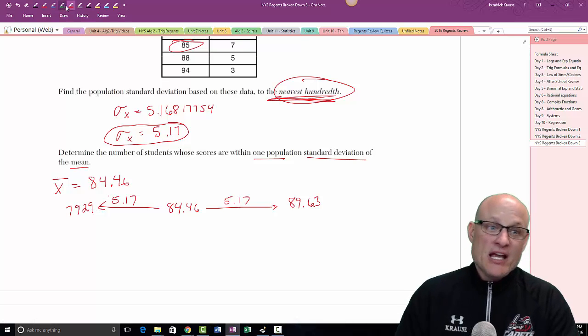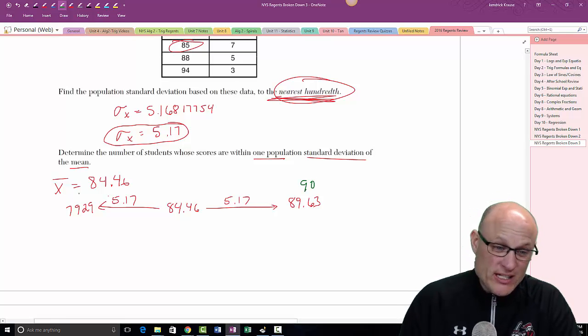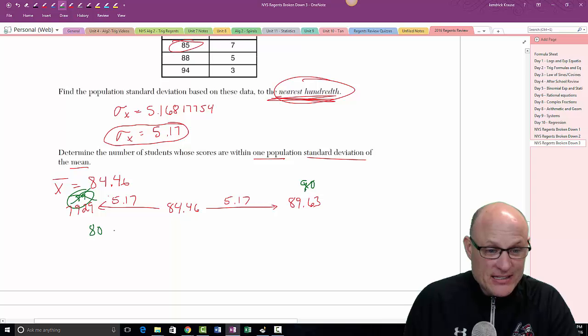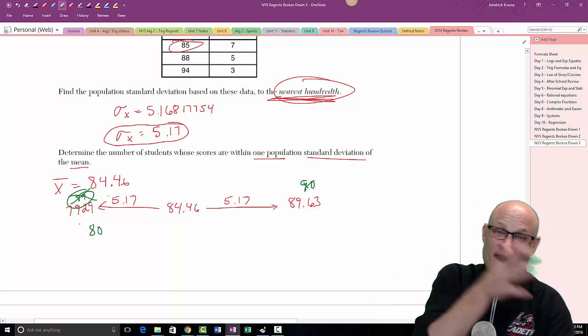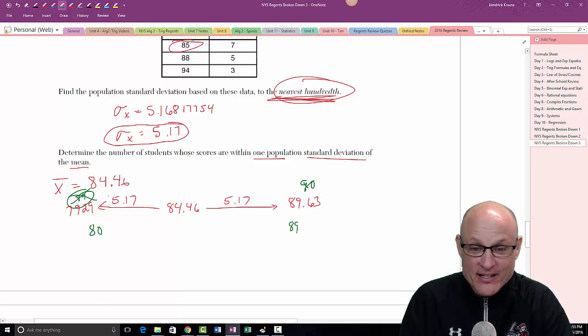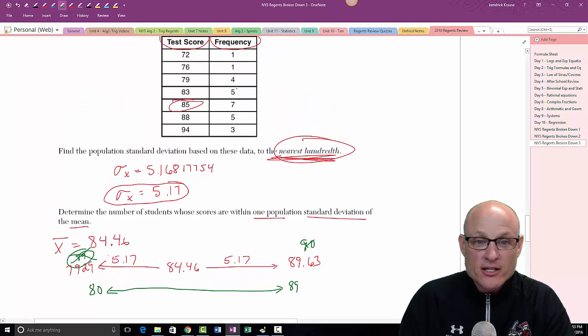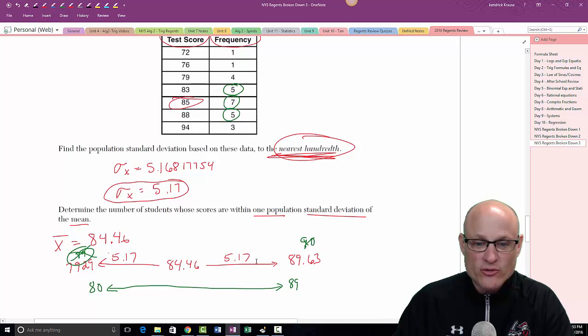Now, I know it's really tempting to round this to 90 and really tempting to round this to 79, but you cannot do that. The lowest I can go is 80 because I can't go past 79.29. That gets into the next standard deviation, and I can't go past 89. So I'm going to select all the scores between 80 and 89. So I come back up here and I say, okay, 80 and 89, so that's 17 scores.